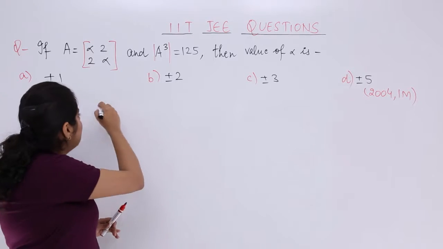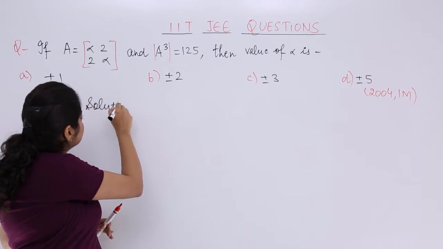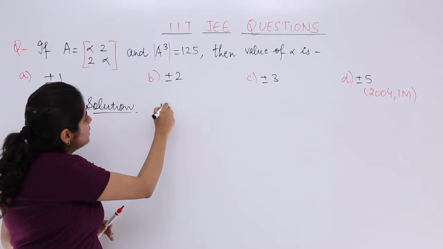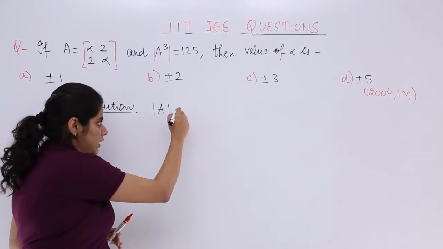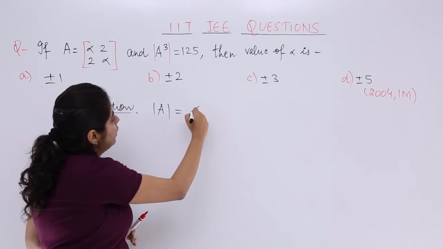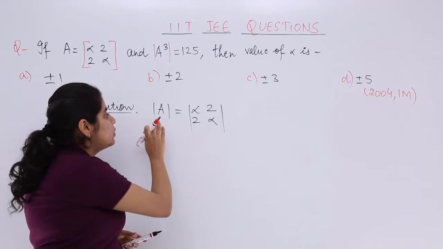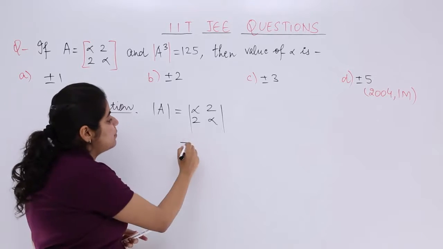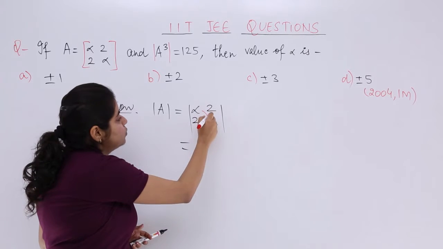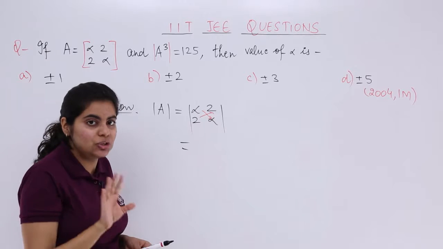So let's write the heading as solution, and first see what is the value of the determinant. You have alpha, 2, alpha, 2 alpha, and this is a determinant. Now det A, the determinant of A, has to be obtained by cross multiplication, you know that.